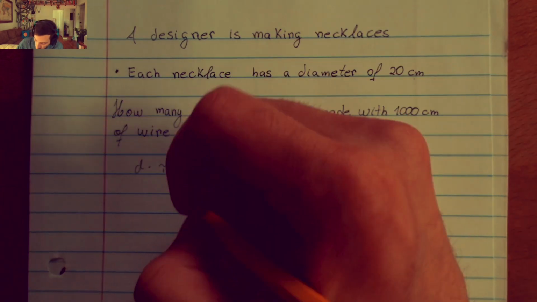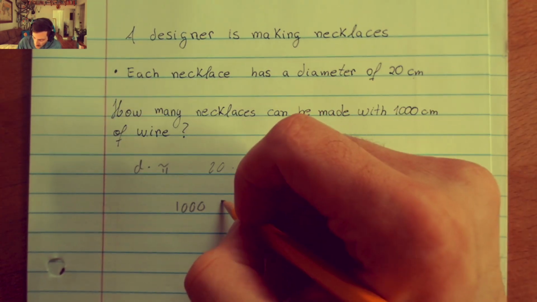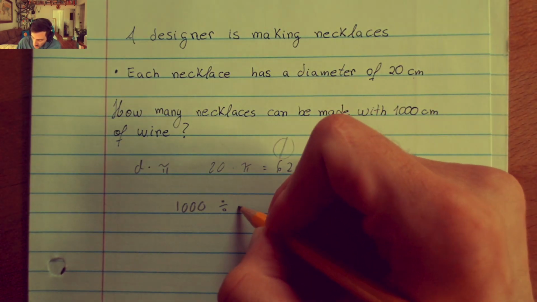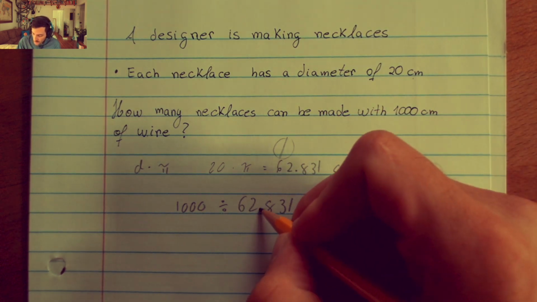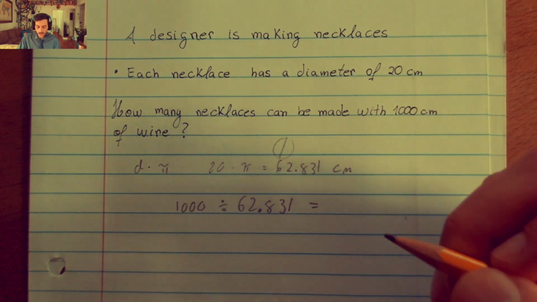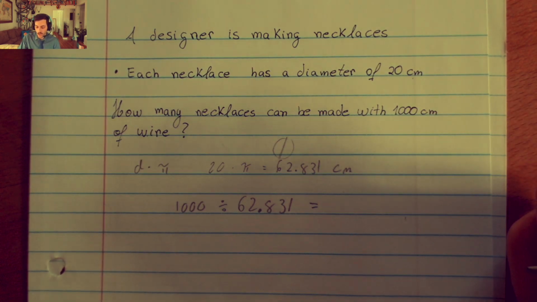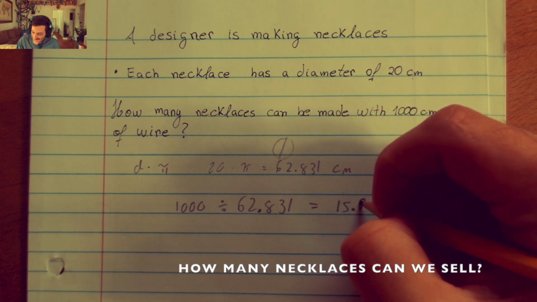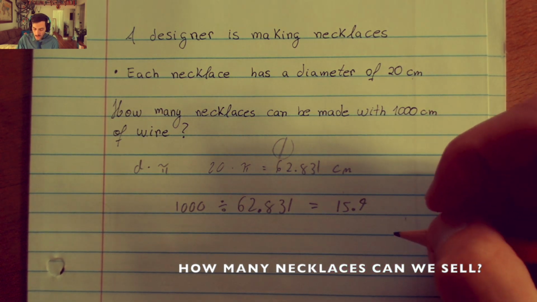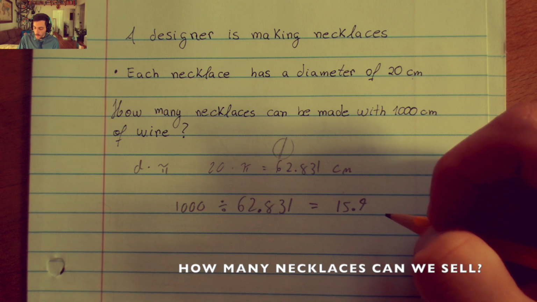Our next step here would just be applying our total amount of material that we have, dividing it out per necklace, and we end up getting a result of about 15.9 necklaces that we can make.